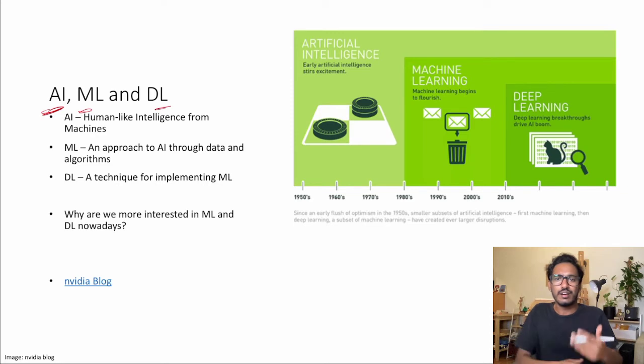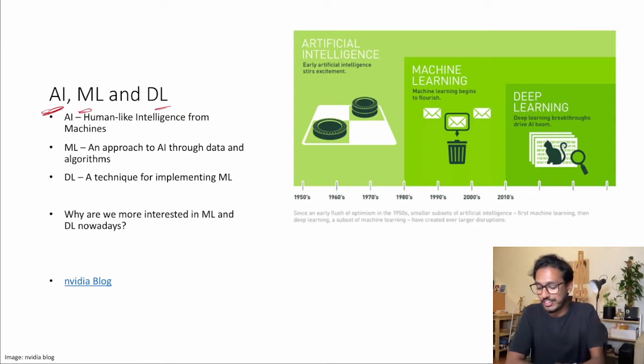So ML is a data-focused approach to artificial intelligence, and deep learning is an even more specific technique for implementing machine learning, specifically through multi-layered neural networks. So we will be talking about this in our neural network lessons later in the semester.